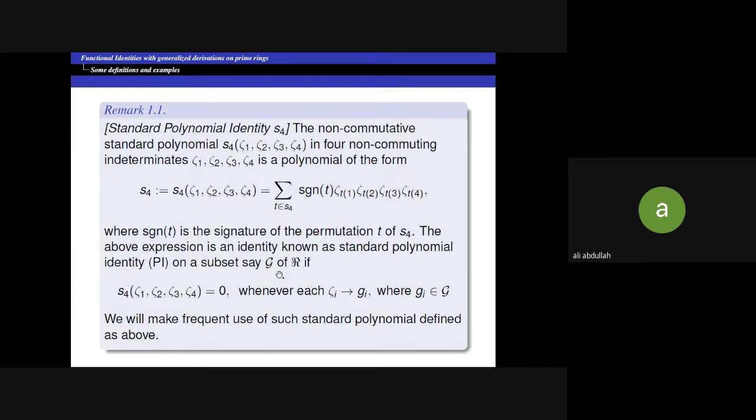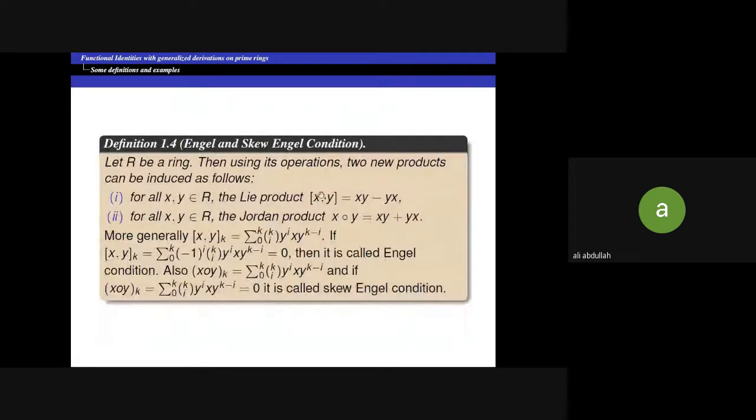We will make use of this standard polynomial in our study. Here the Lie product [x, y] for x, y belonging to the ring R is given as xy minus yx, and the Jordan product is given by x∘y equals xy plus yx. The Engel condition is given by this, and the skew Engel condition is given by this equation.